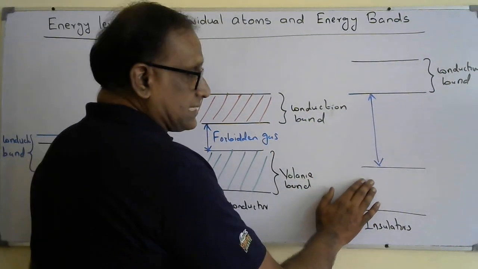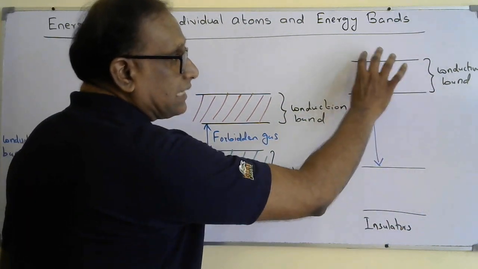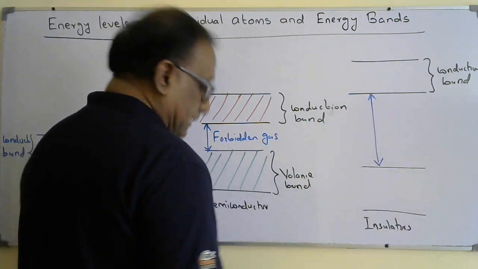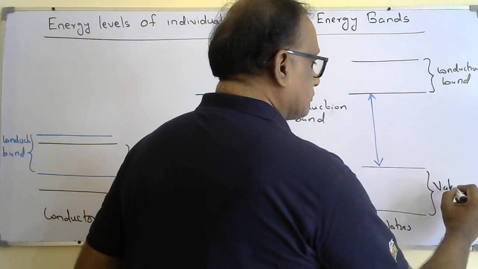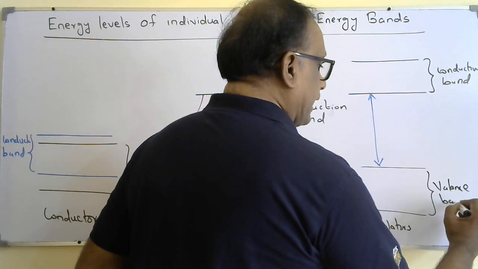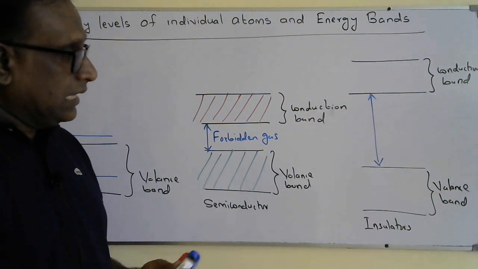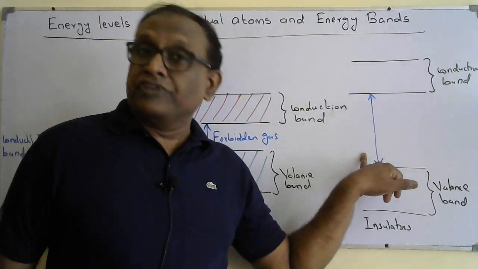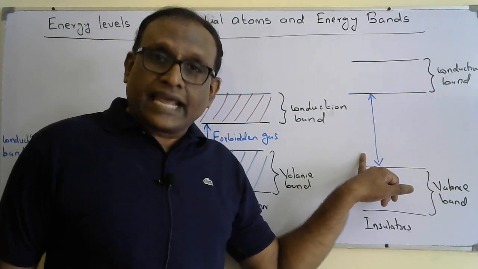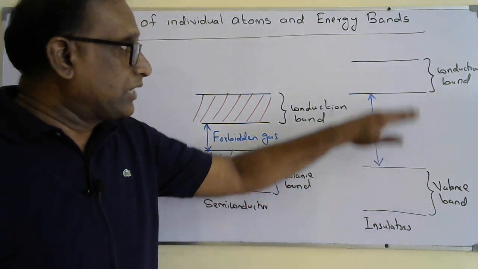Okay, we'll go to the insulators. In insulators, there are also two different discrete bands. Here is the valence band, and here is the conduction band. But the problem here is that the gap between the valence band and conduction band is very large, and the electrons cannot be excited even at higher temperature from the valence band to the conduction band.